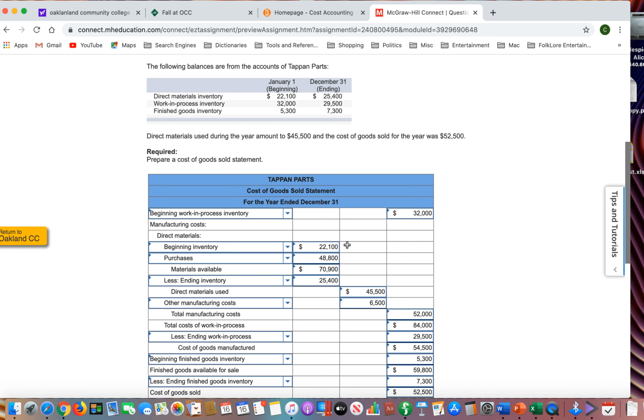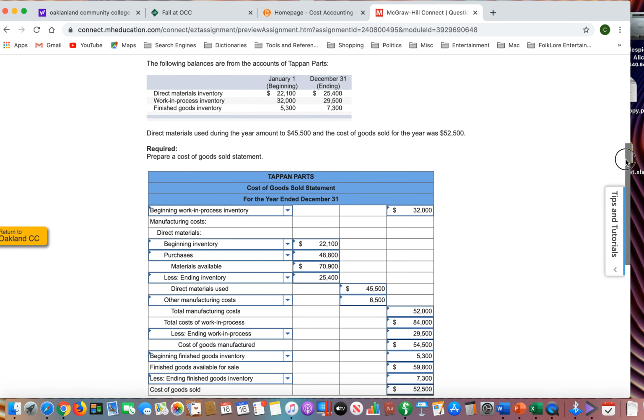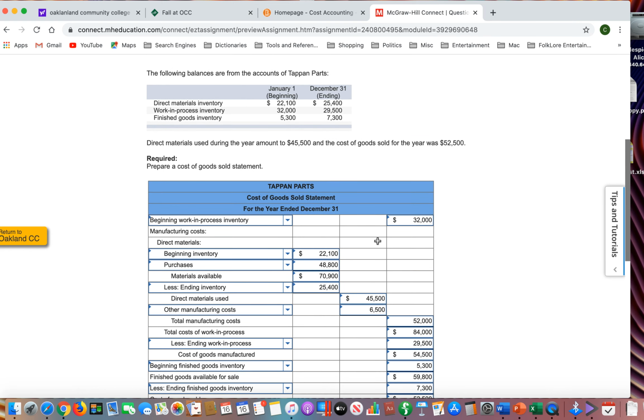This is the format for a cost of goods sold statement, and you're going to have to construct one. So here our beginning inventory for material was 22,100. We know that during the year they used 45,500.